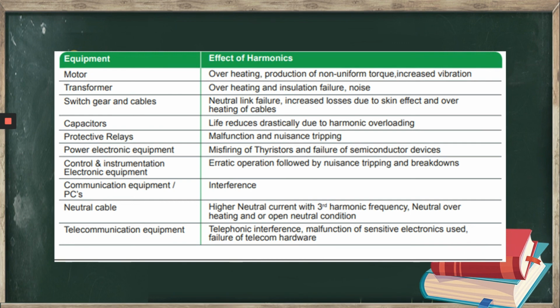For the neutral cable, high neutral current at harmonic frequency causes neutral overheating and or open neutral conditions. The last one is telecommunication equipment, which suffers telephonic interference, malfunction, or sensitive electronic failure of the telecom hardware.